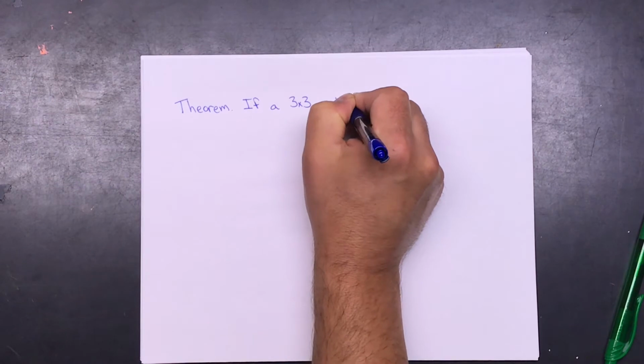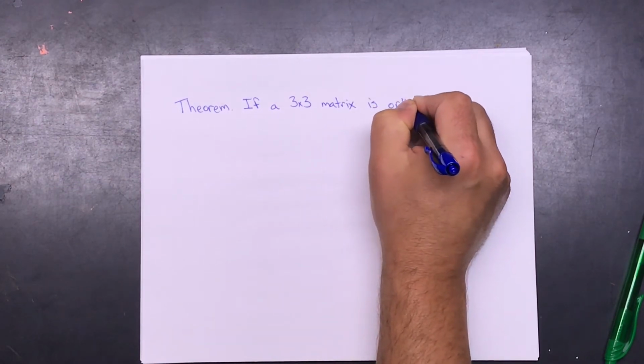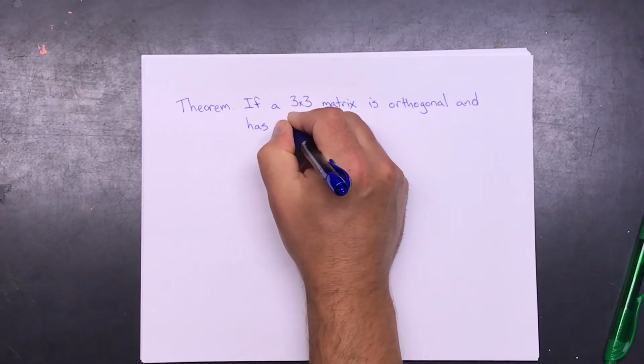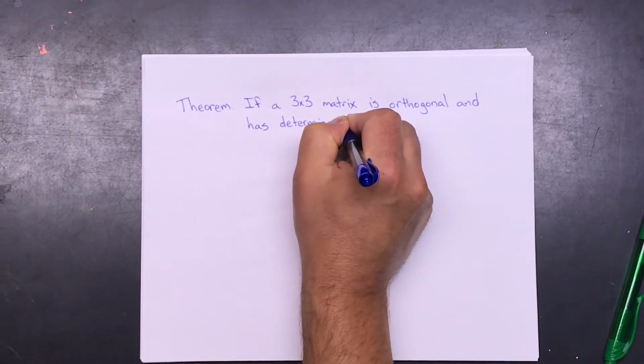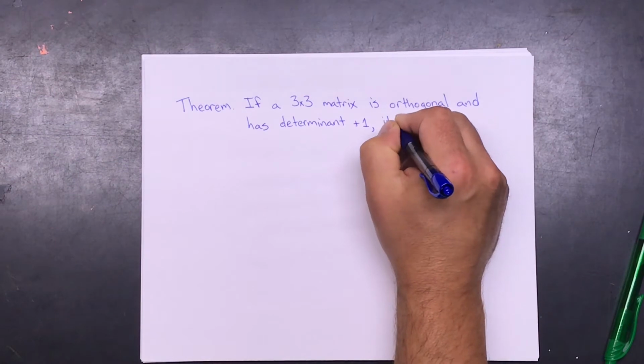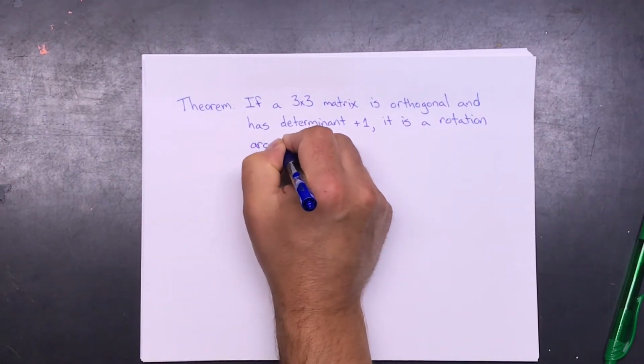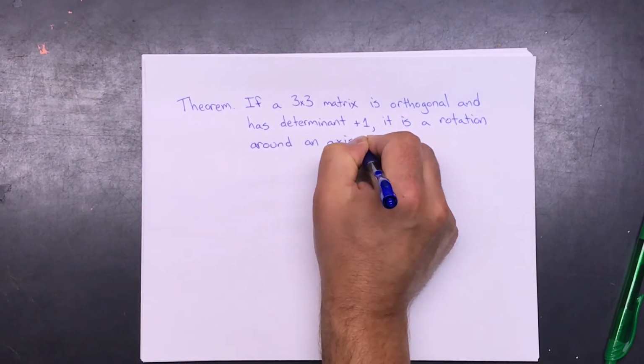Now here's a really cool theorem. If you have a 3 by 3 matrix, and it's orthogonal, and its determinant is +1, then it's a rotation around some axis.